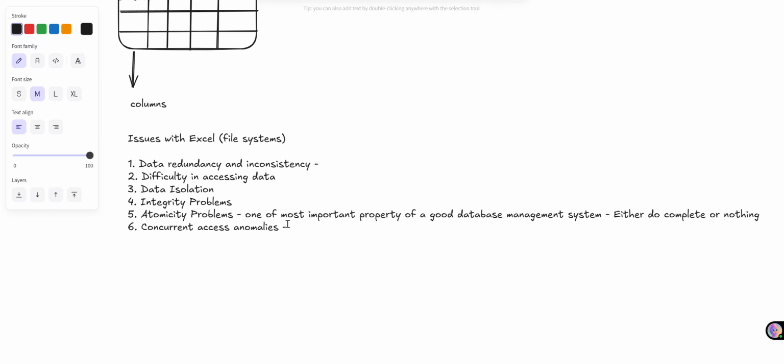If you are booking a train ticket and only one ticket is left, and two persons at the same moment try to get the ticket, then there will be a clash, and that clash can disturb the database. So to prevent this, we need to handle it. This is handled by DBMS and not by file systems. These were all the problems with file systems which are later improved by DBMS.